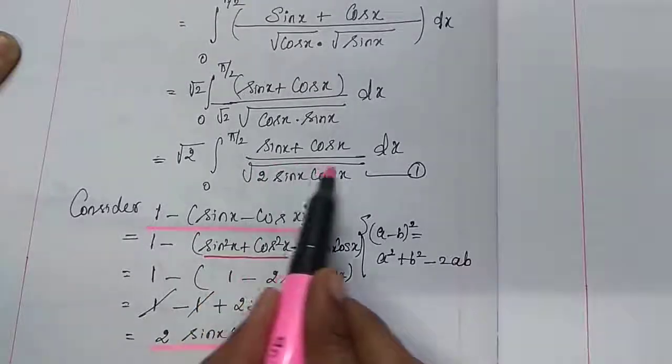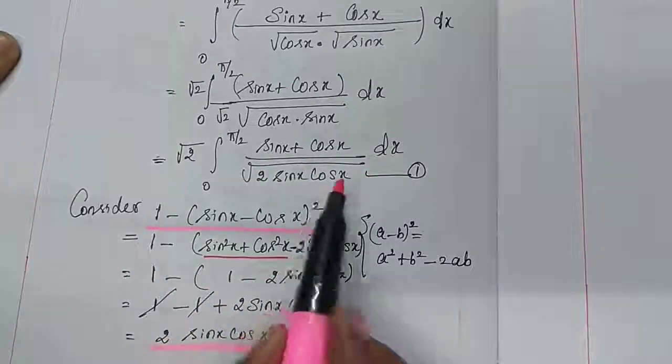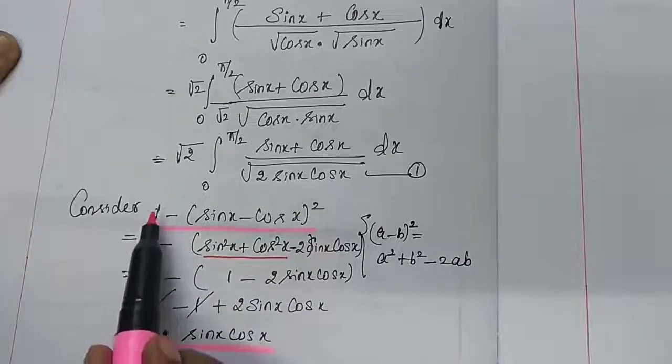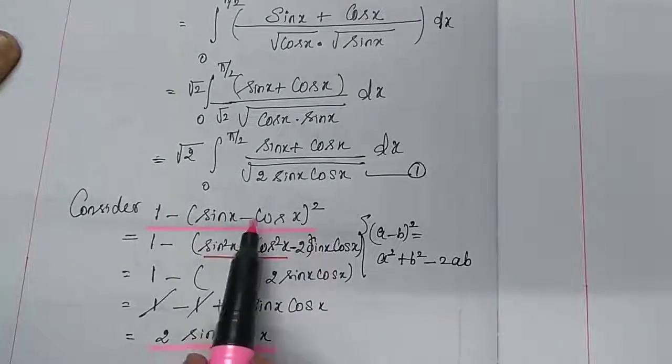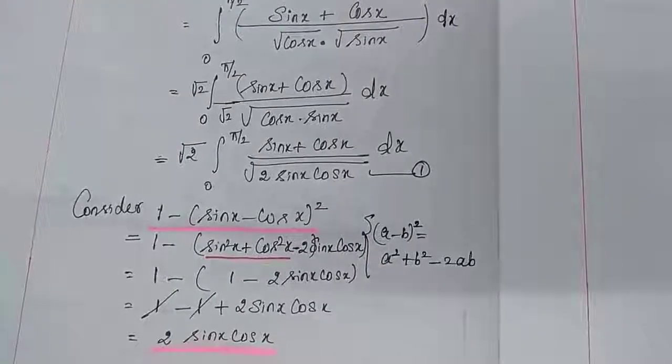Therefore, in place of 2 sin x cos x, we can substitute 1 minus (sin x minus cos x) the whole square.